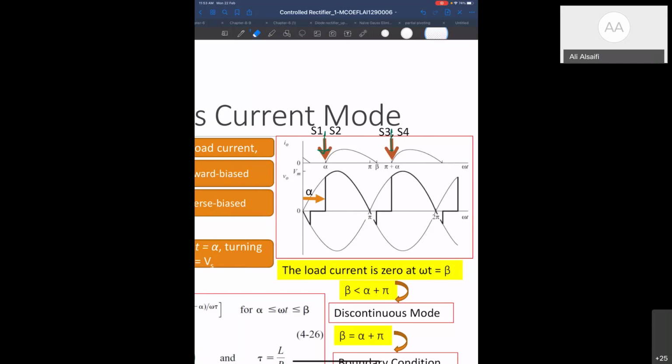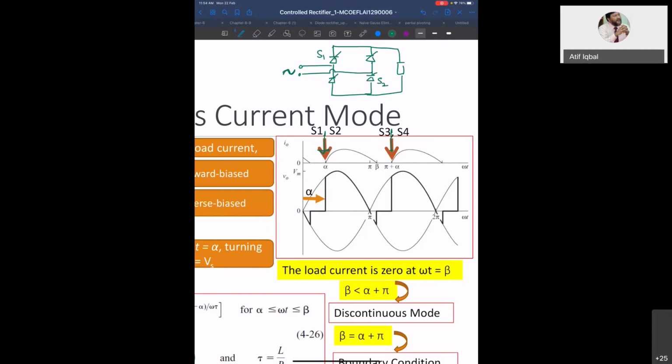Okay. You see, this is my bridge rectifier. This is thyristor 1.